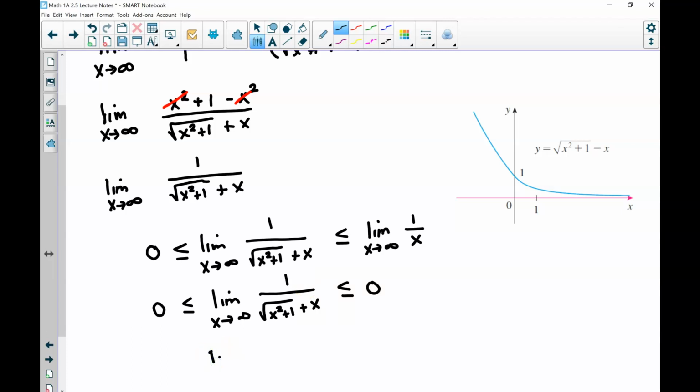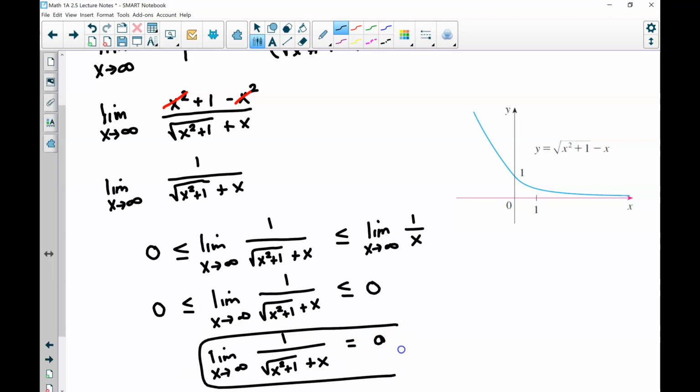So then we can conclude that the limit as x approaches infinity of the function 1 over the square root of x squared plus 1 plus x would then equal 0. And now we can verify that by looking at its graph. As x is approaching positive infinity, where's the function approaching? Well, it's approaching the value of 0.